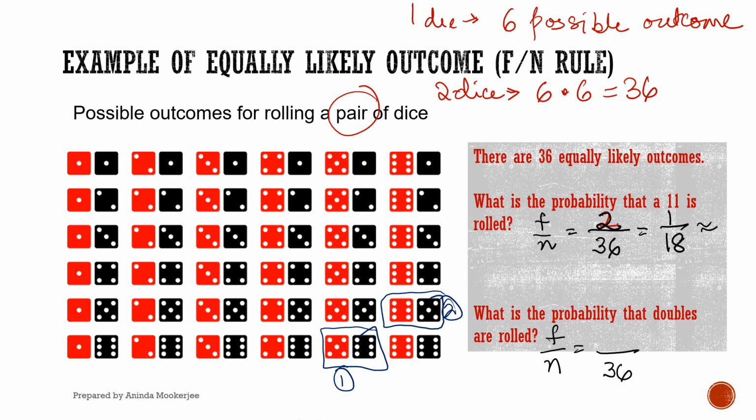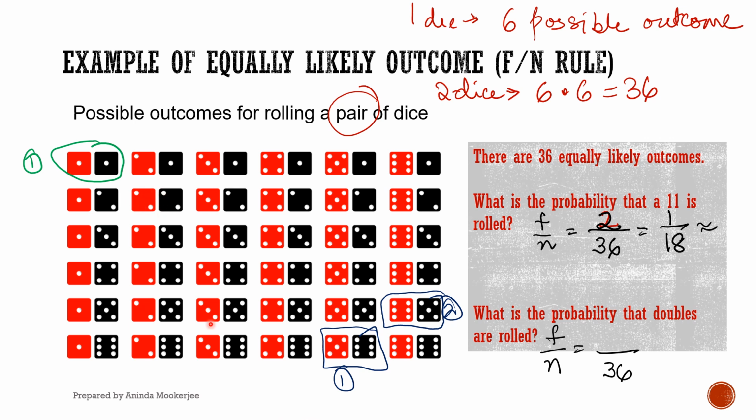We have to see how many different ways we can get the same value, doubles, on both the dice when we roll them. So look at the first one, 1 and 1, same value. So let's circle this one here. The first one itself is one way we can get doubles. Any doubles in the rest of this column? No. Let's look at the second column.